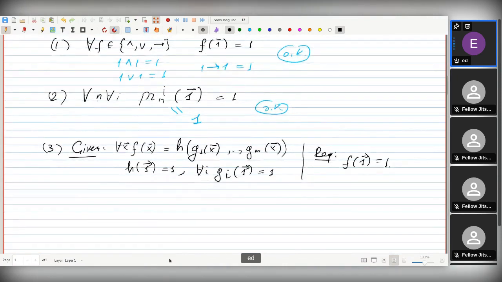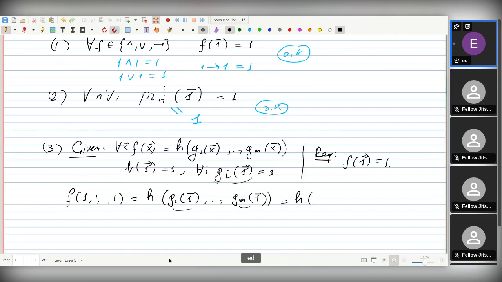Okay, let us see. What is f of all ones? According to the definition, it is h of g1 of all ones, and so on. But every function here preserves unity, so it is h of 1, 1, 1, while h also preserves 1, so it is 1.